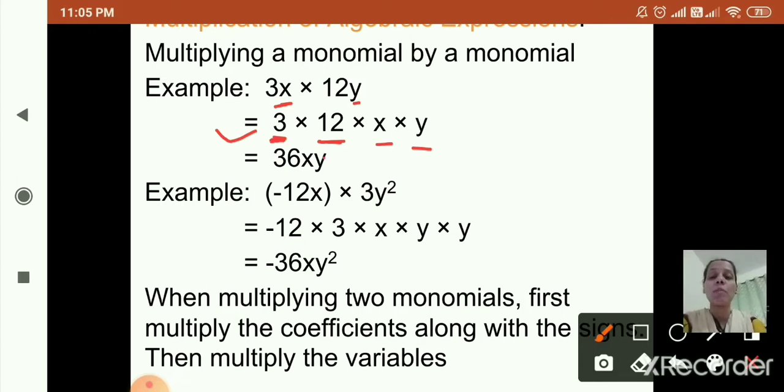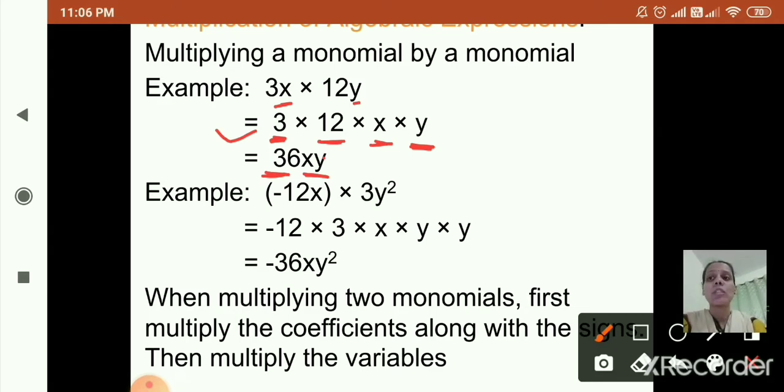So 3 multiplied by 12, or 12 multiplied by 3, what is the answer? 12 3s are 36. And x multiplied by y is xy. So 36xy is the answer for the first example.